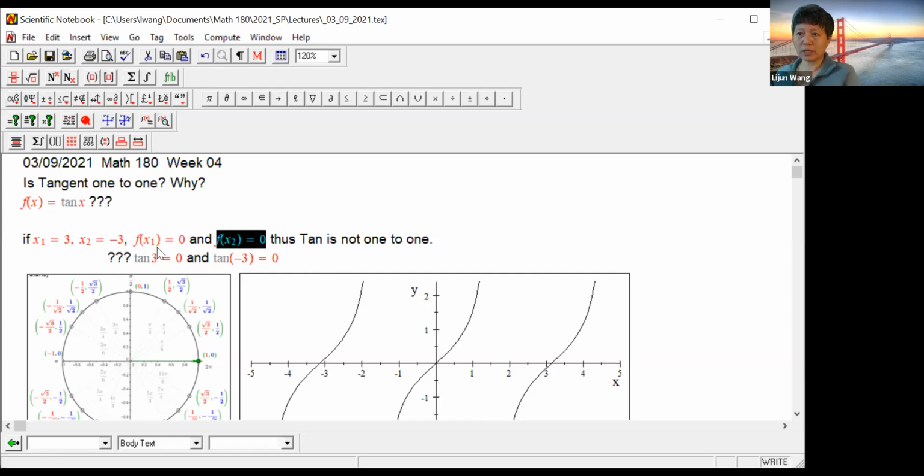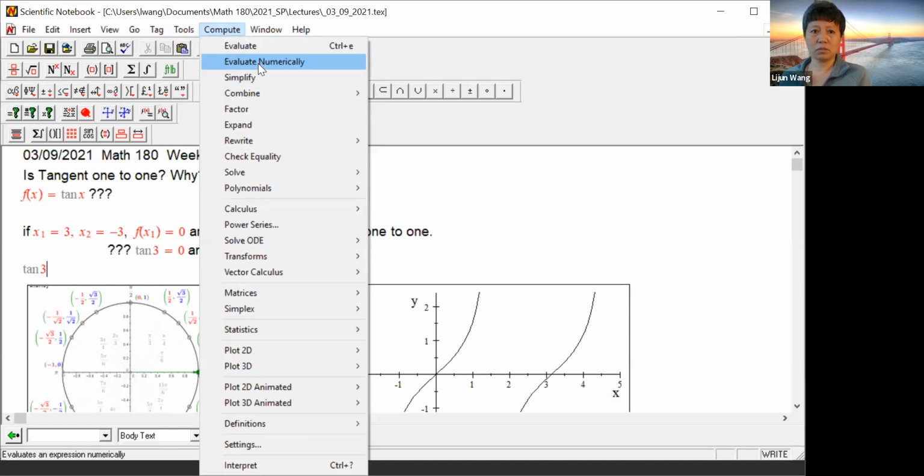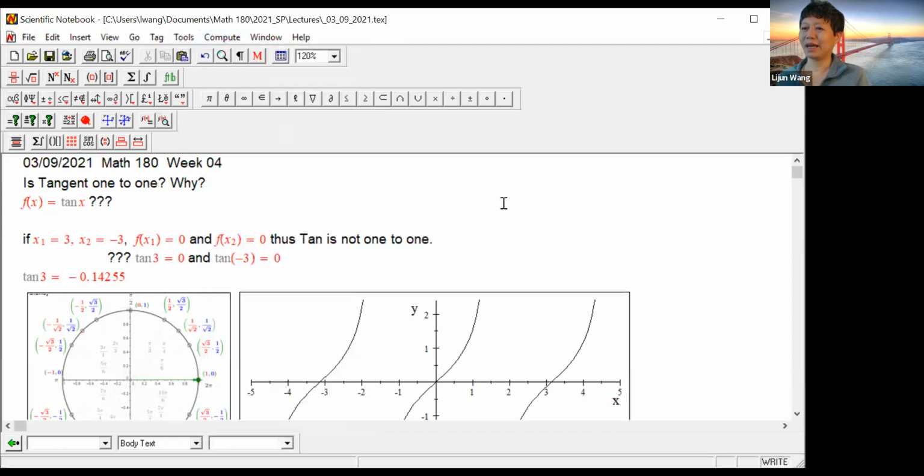So you have two statements here, right? These two statements, are they true or not? Is tangent 3 equals 0? It's exactly 0? No, that has to be exactly the same value.